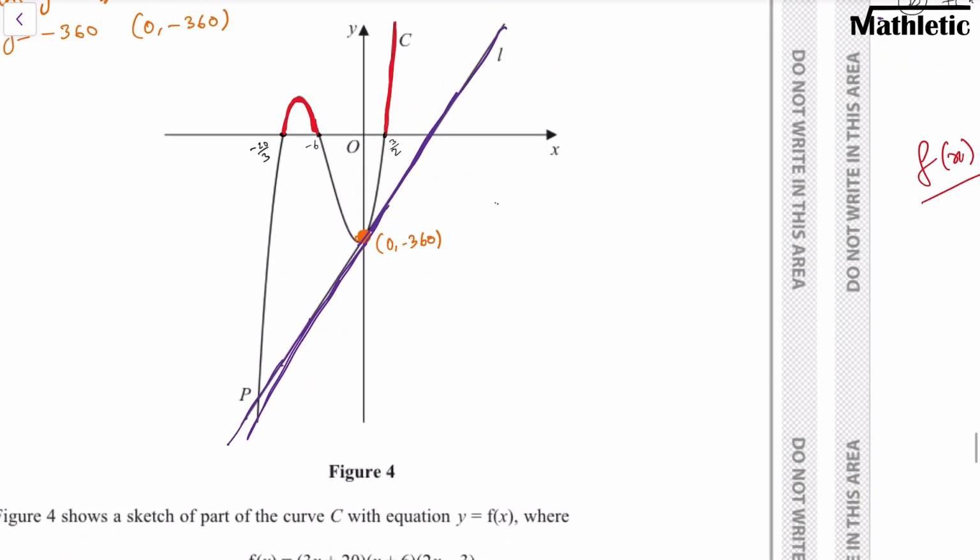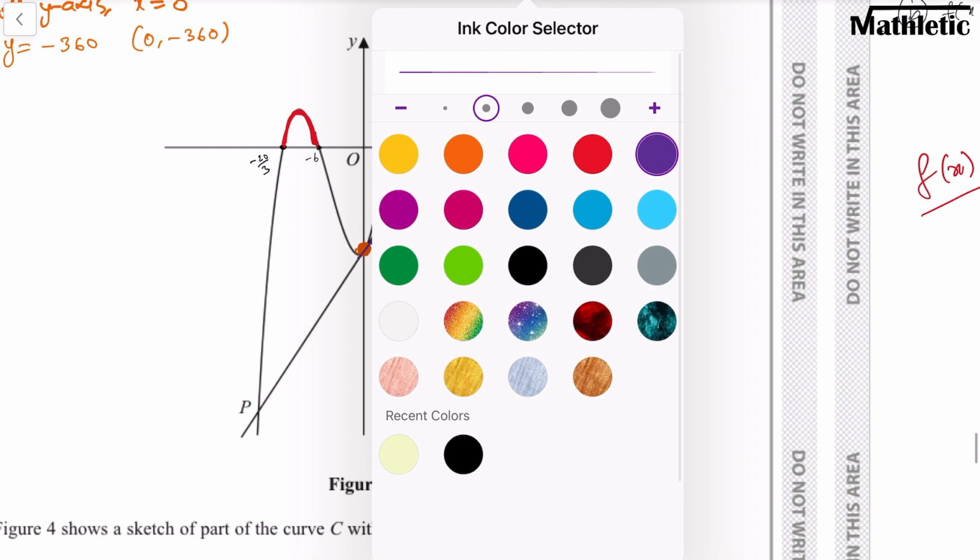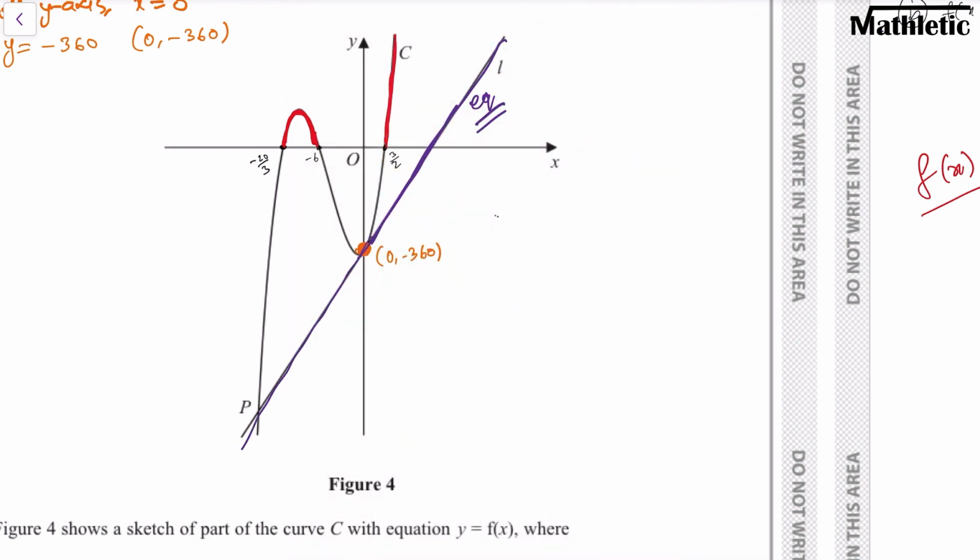We will just try to find the equation of this line, and then P is just the intersecting point, right? We need to find the x coordinate of P, whereas P is the intersecting point of the line and the curve. So we will just solve simultaneous equations. We will solve the equation of the curve and the equation of the line. The equation of the curve is given. We will try to find the equation of the line.